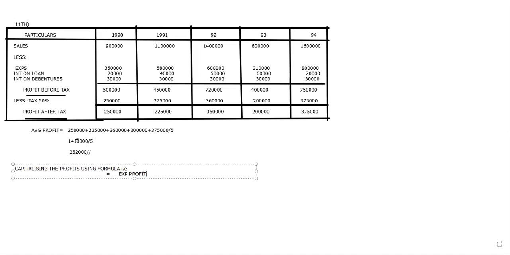Expected profit divided by normal rate into 100. So how much is the expected profit? 2,82,000 divided by the normal rate. Same kind of business, he said 12.5. So 12.5 into 100, tell me how much.